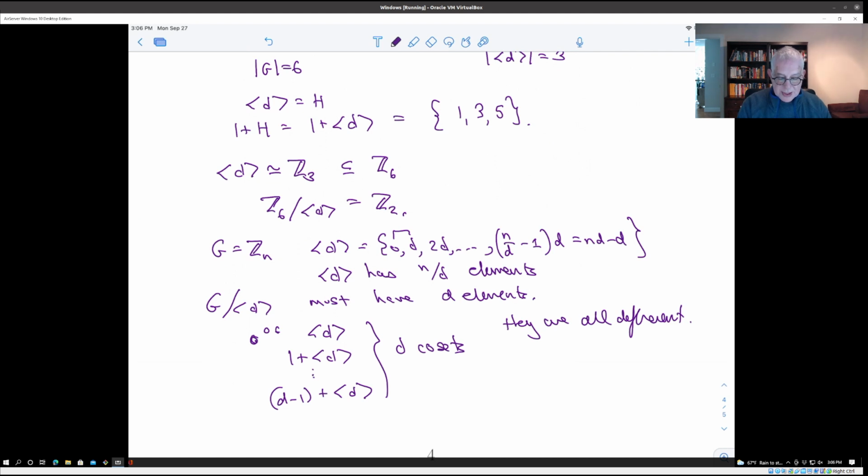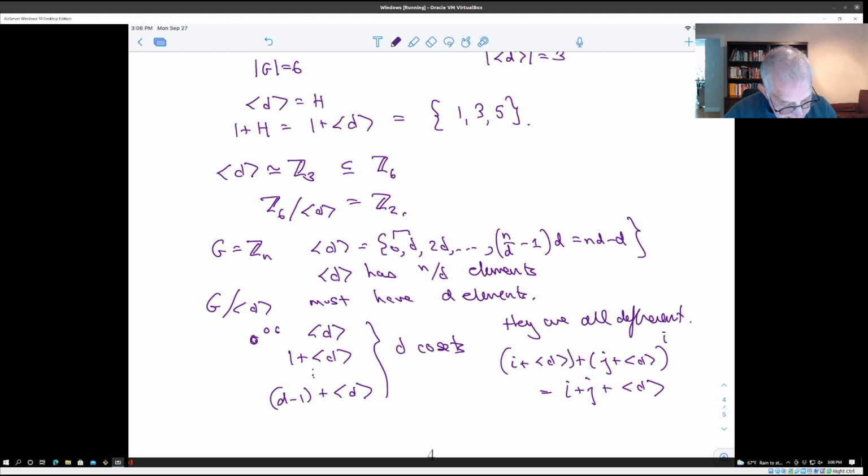And what's the group law? Well, when you add i plus D to j plus D, you get i plus j plus D. And the best way to think about this is that instead of doing addition mod n, you're doing addition mod D, because you're taking i plus j.